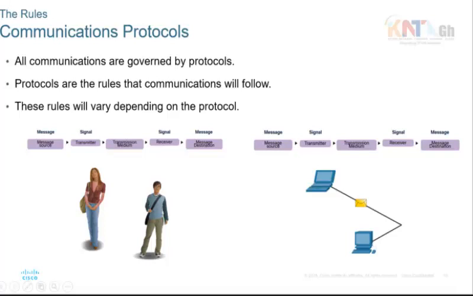Now, when it gets to the receiver, the receiver also receives the message as a signal, and then it is decoded, and then the receiver himself becomes the message destination. Here, in electronic communication or in computer communications, you still have the same rule applying. You have the message source, a transmitter, a transmission medium, a receiver, and then the message destination.